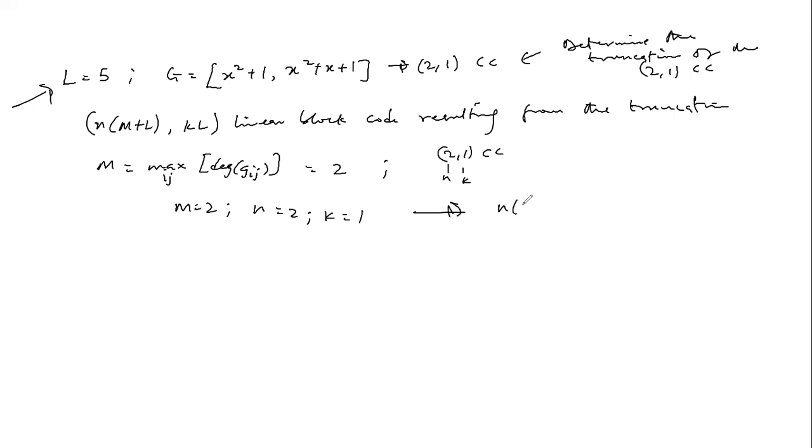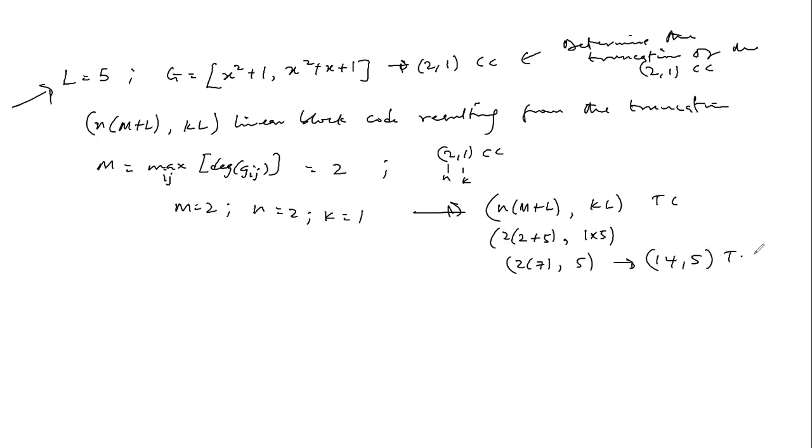So the n into bracket (m plus L), comma kL truncated code: n is 2 into bracket m, which is 2, plus 5, comma k, which is 1, times 5. So this will give us 2 into bracket 7, comma 5. So this is going to give us a 14 by 5 truncated code.